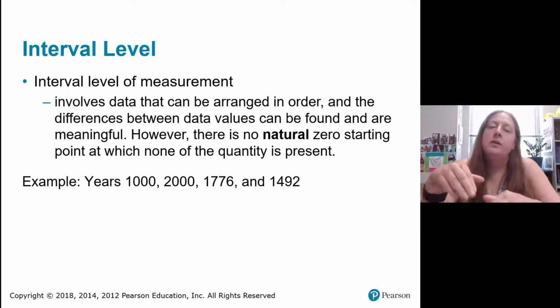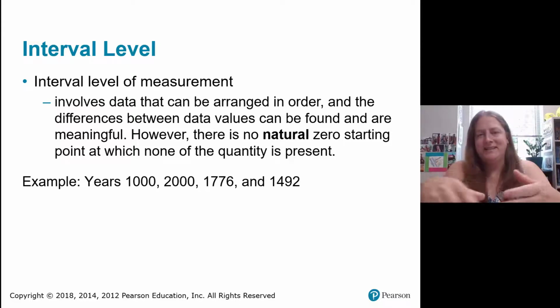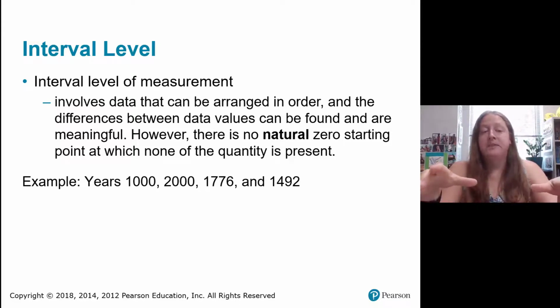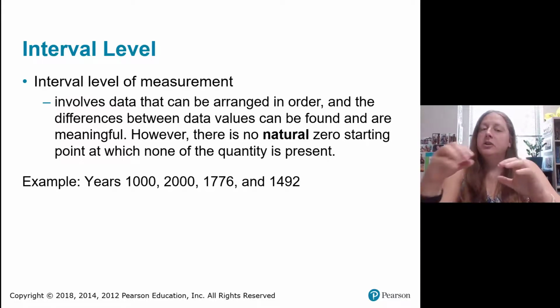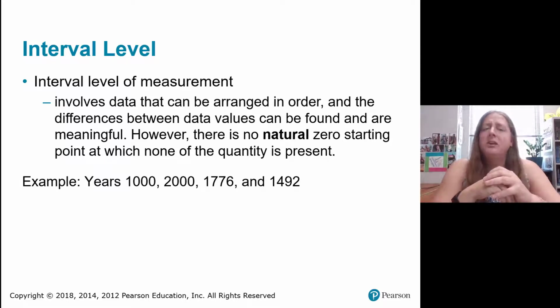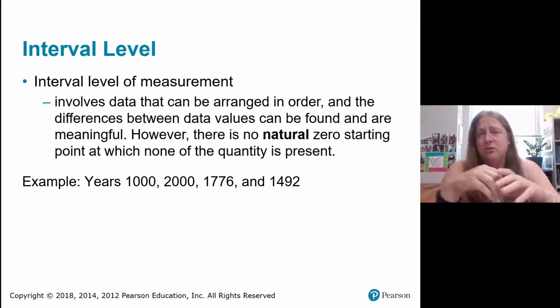The thing that interval level data still doesn't have is some kind of zero, which makes us think that there's a total absence of something. So like in years, the year 0 was still a year. It's a meaningful entity. There's no starting point of 0 there, right? So a starting point of some kind of natural 0, that doesn't exist for interval level data.